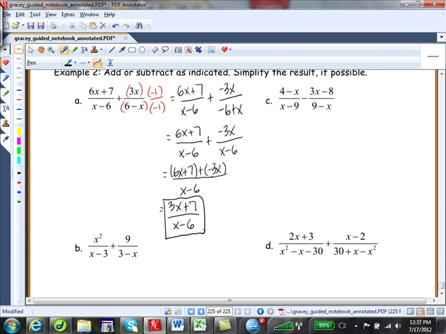The numerator and denominator are prime polynomials, so we're all set. We're done. Okay, so go ahead and pause the movie and you guys try B, C, and D, and then we'll be all done with section 7.3 and with our MiraCosta beginning algebra course.